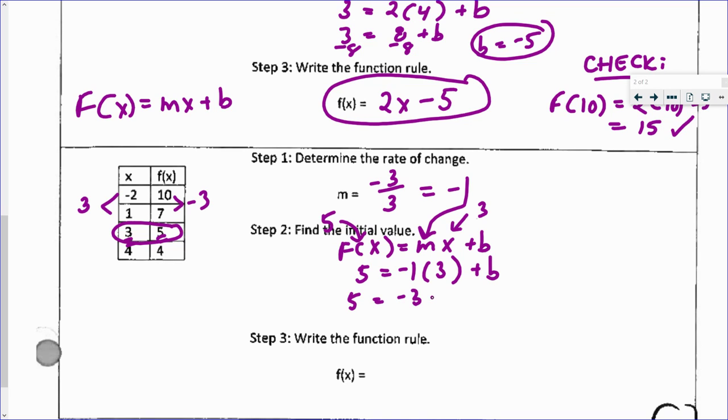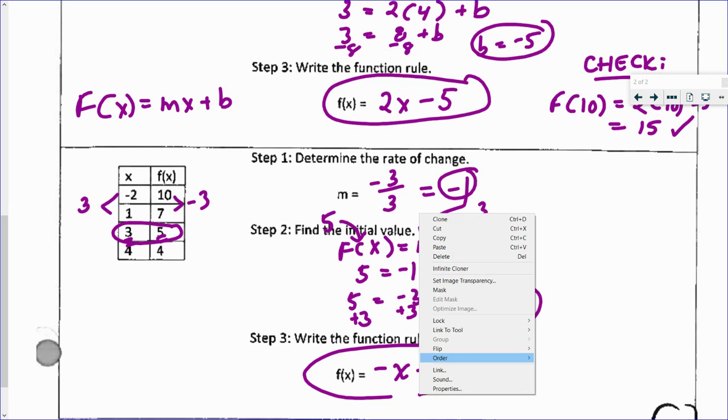And so if I solve for b, if I get b alone, I get 8. So now I have my 2 parameters. So it's going to be -1, or just -x. You don't have to write the 1, plus 8. That's going to be my function rule.